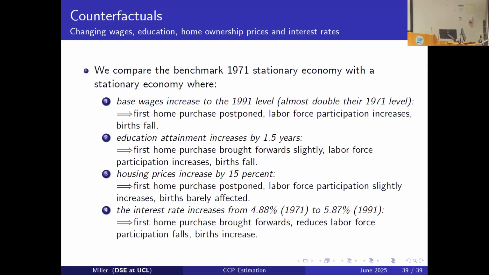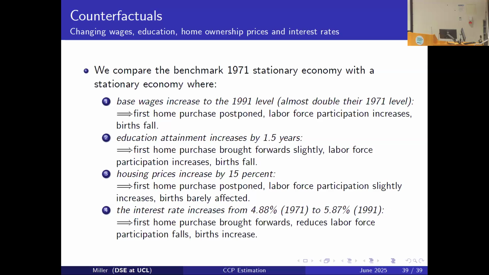Here are the basic results. We've got charts and things, but this is good enough. Suppose you compare the stationary economy in 1971, but you said, okay, let's let the base wages increase to the 1991 level, double their 71 level. What would happen?